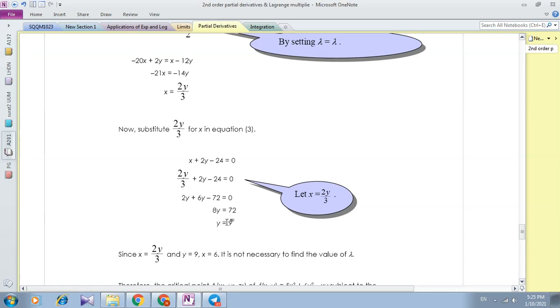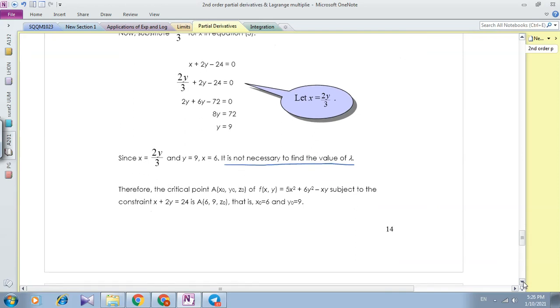Since we already have the value of y, we can simply find the value of x by substituting y equals 9 here. As you can see, it is not necessary to find the value of lambda. If you are able to find the values of x and y, basically you are okay. So what's next?